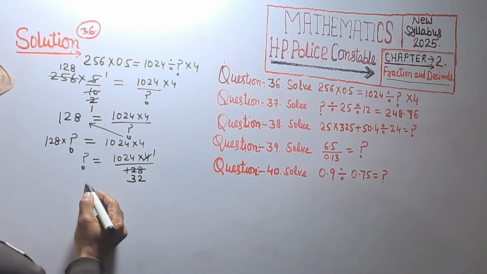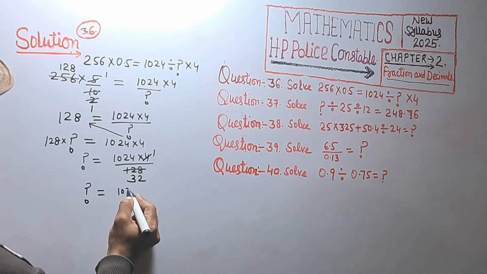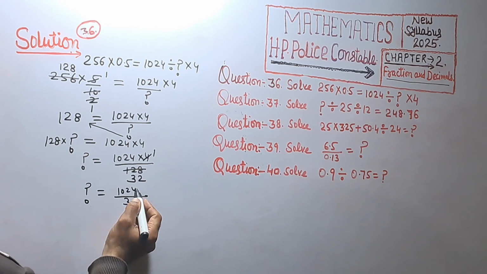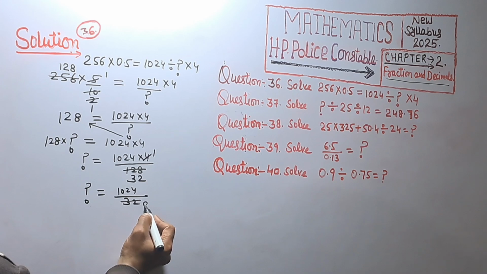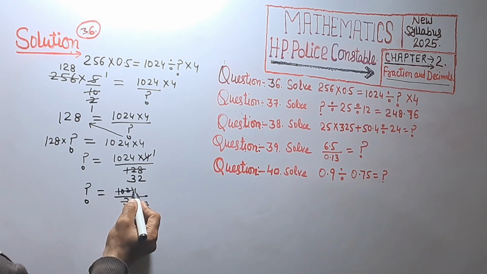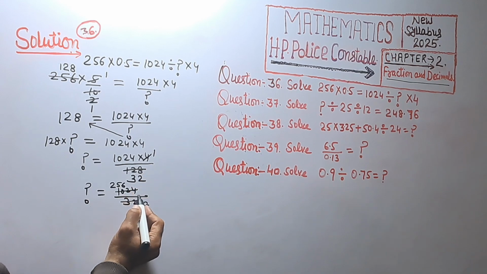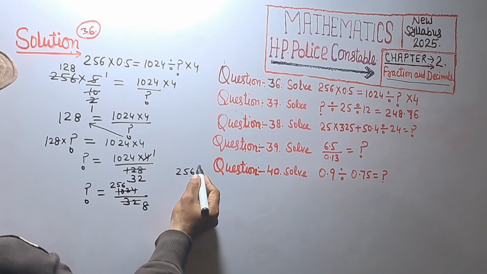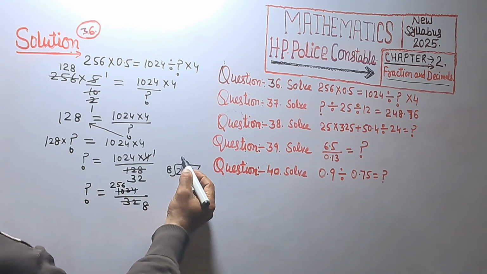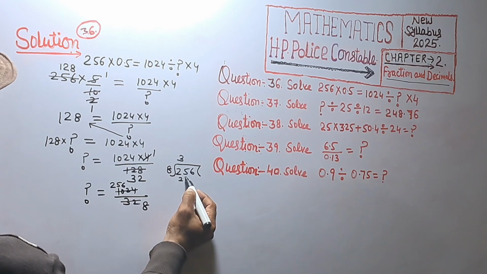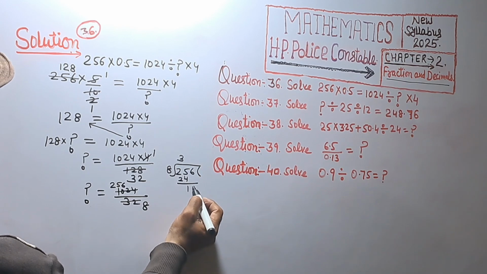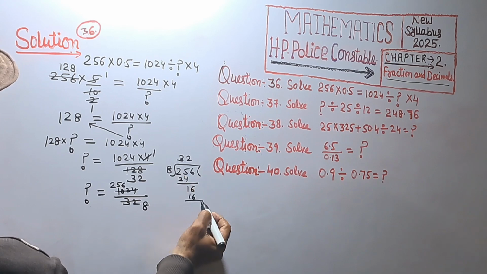And sign of interrogation equal to 1024 divided by 32. 4 eights are 32 and 4 twos are 8, 4 fives are 20, 24, 4 sixes are 24 and 256 divided by 8. 8 threes are 24, 1, 6, 8 twos are 16.